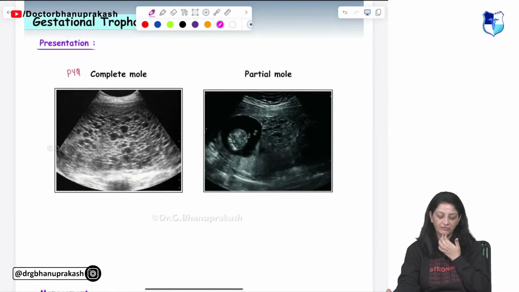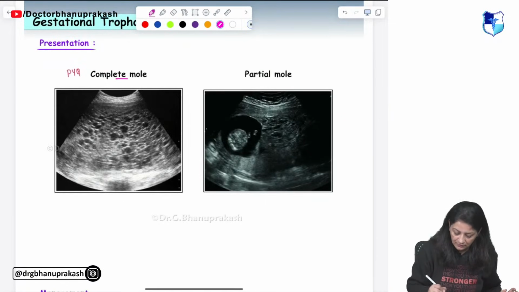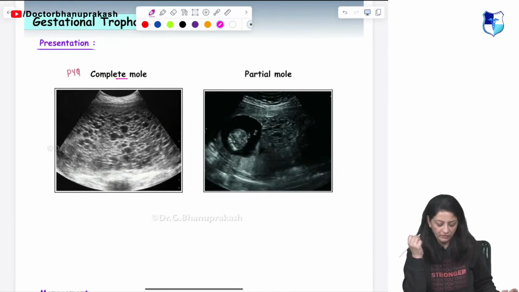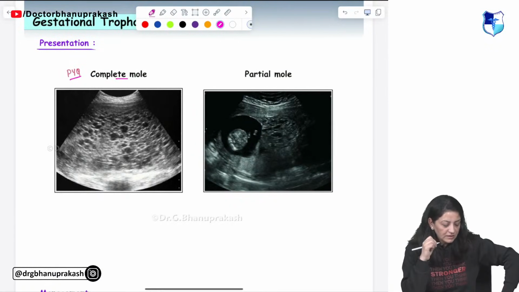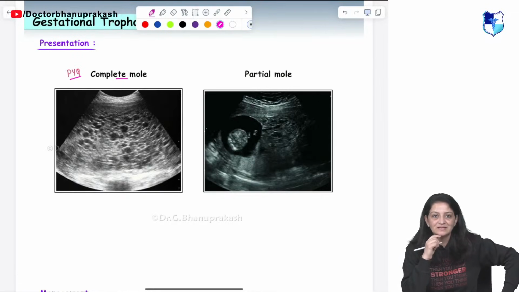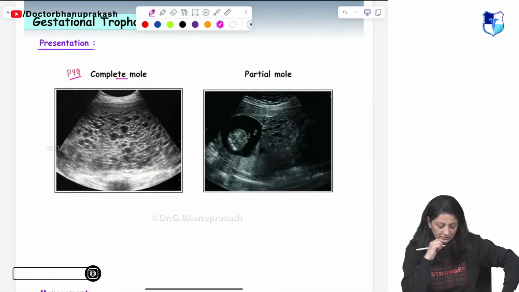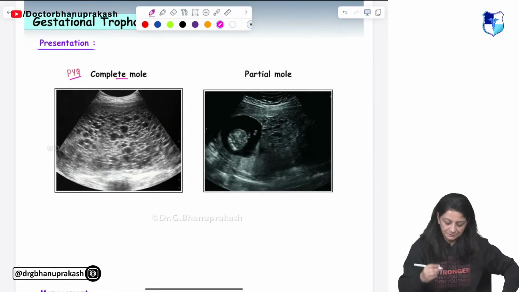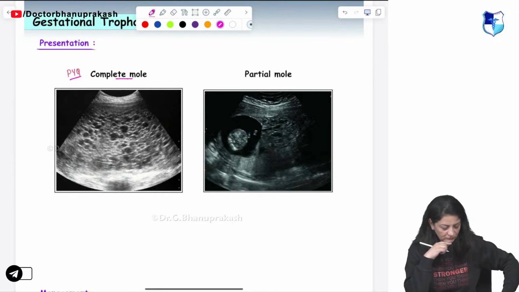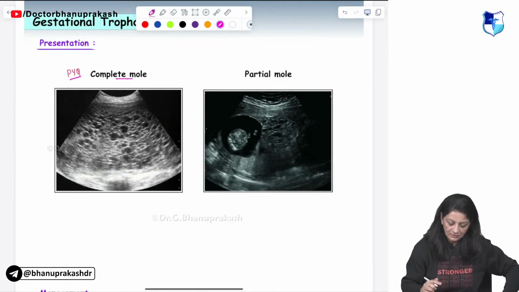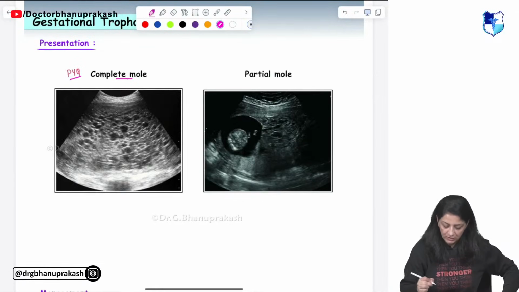This is the most favorite ultrasound image, most favorite. Snowstorm appearance. Contraceptive of choice in molar pregnancies, OCPs, oral contraceptive pills. This is the most favorite ultrasound image, snowstorm appearance, which is seen in complete mole.